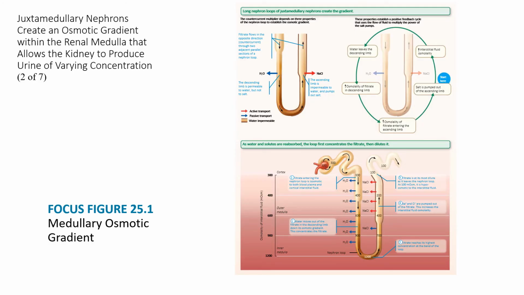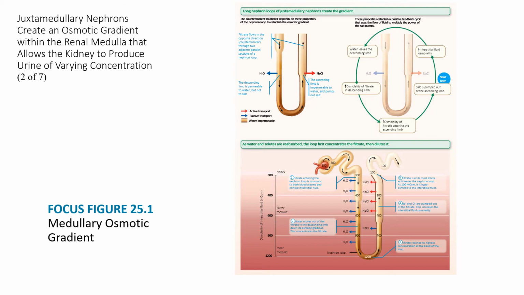Take time and study this picture. This is showing what's taking place in this osmotic gradient. I've already been through it, but I want you to read it and study it and understand what's taking place.